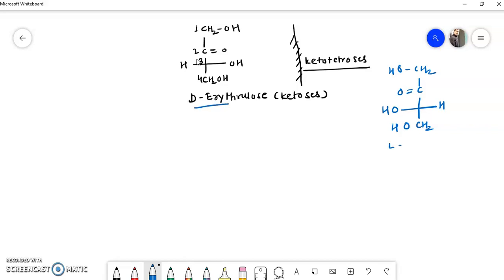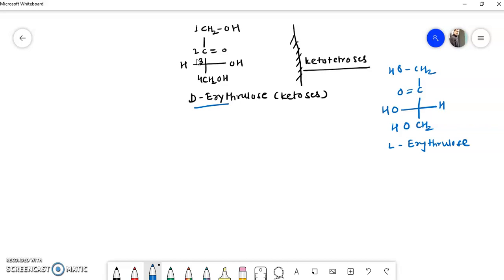So it is called L-erythrulose. Remember, L-erythrulose. So the example of a ketotetrose is this D-erythrulose. Remember this structure. If you take the mirror image of this structure, then we get its L form.